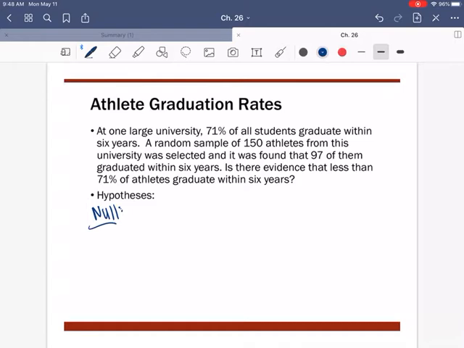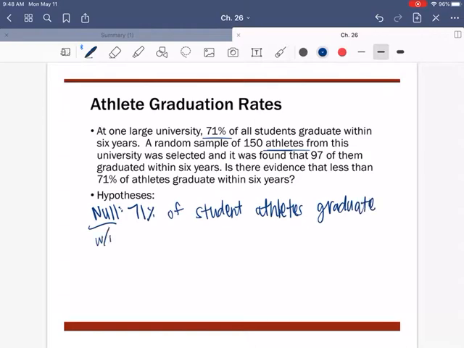First step is to write the null and the alternative. The null is that it is what it should be. 71% of students graduate within 6 years. And in this case, we're talking about student athletes. So I'm going to say 71% of student athletes graduate within 6 years.